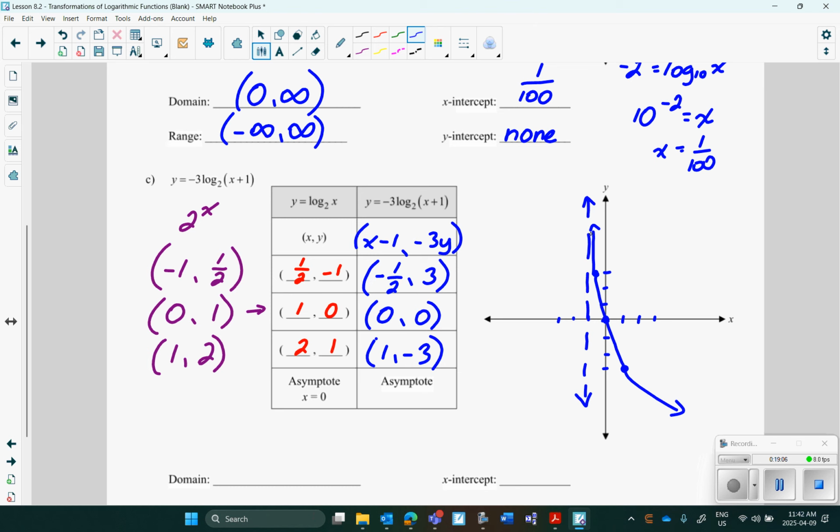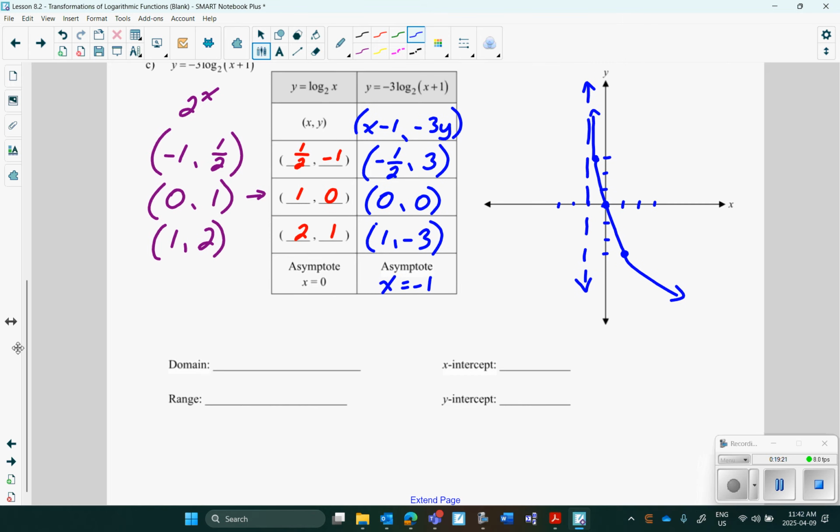So yes, because of the horizontal shift, the asymptote shifted 1 to the left, so it became -1. Okay. And we've seen the domain and range has been pretty straightforward. This one is -1 to infinity, but a parenthesis around the -1 because we don't include it. Range is everything again.